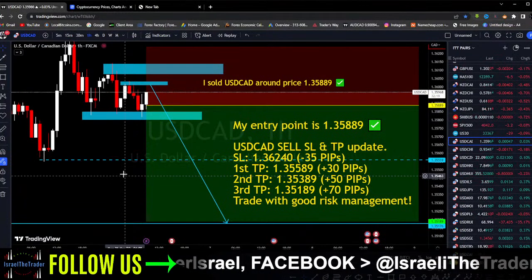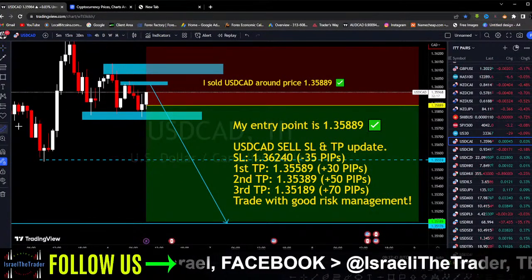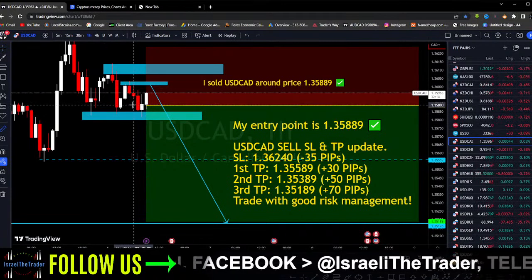The market is trying to push back up again for these retracements.